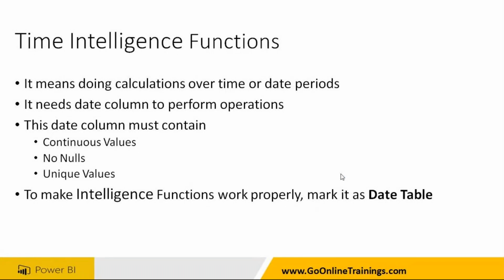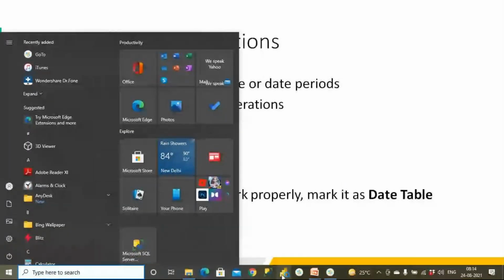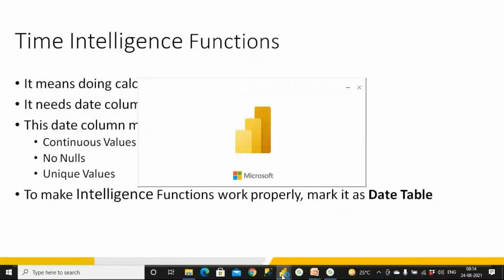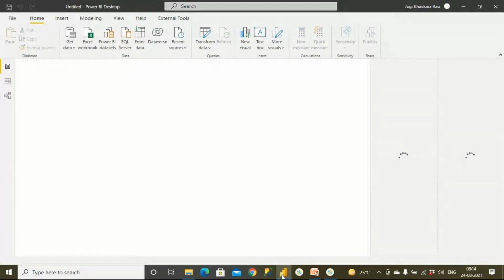Now quickly go back to my Power BI. Let us take the Adventure Works database, where we have products data, customers data, sales data, right? Now quickly I want to open Adventure Works.